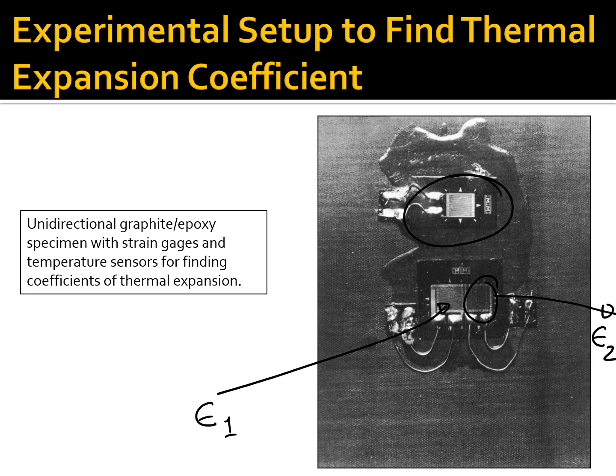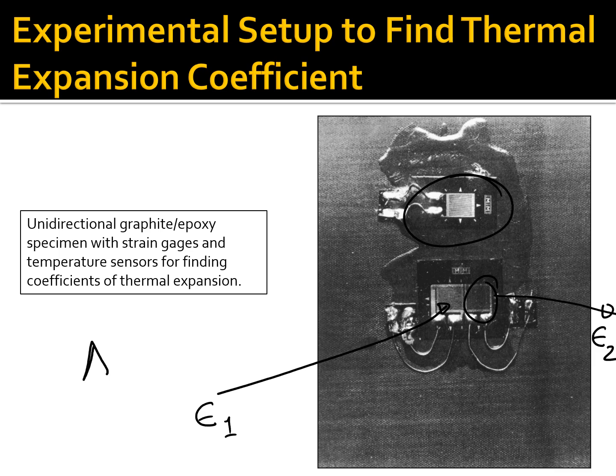These test specimens measure about 2 inches by 2 inches. And as I mentioned, they are comprised of 8 ply laminated unidirectional composite. The two strain gauges are placed perpendicular to each other, as you're seeing in the figure here, along with the temperature sensor. The specimen is then subjected to a controlled temperature increase.